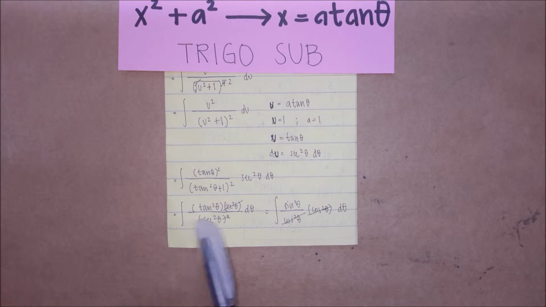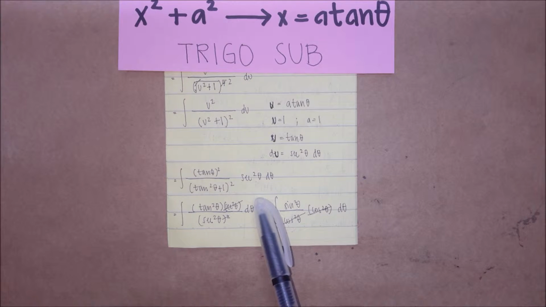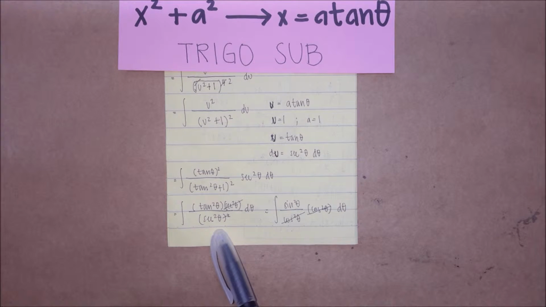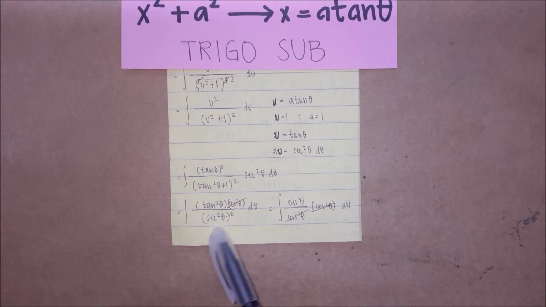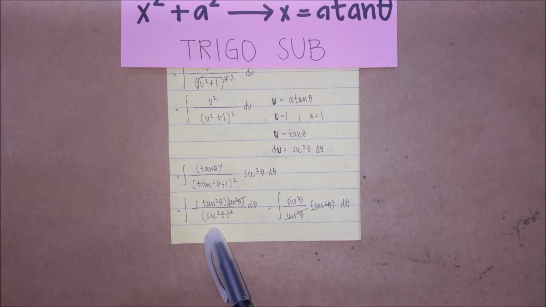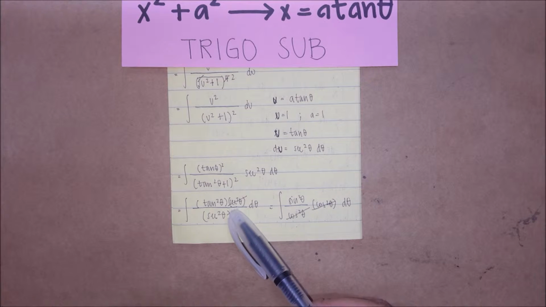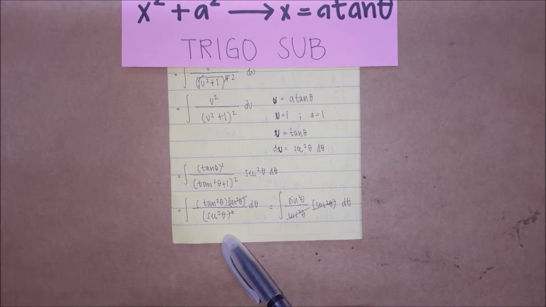So then we get tan squared theta over tan squared theta plus 1 raised to 2 times sec squared theta d theta. Then simplify, since tan squared theta plus 1 equals sec squared theta, then cancel sec squared theta, then we get tan squared theta over sec squared theta.